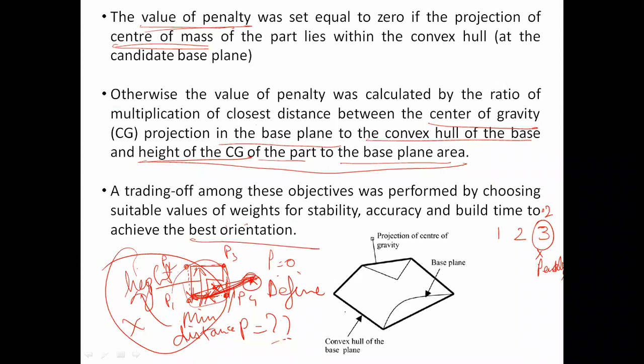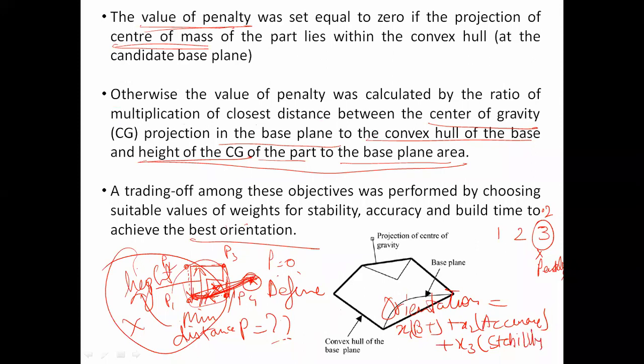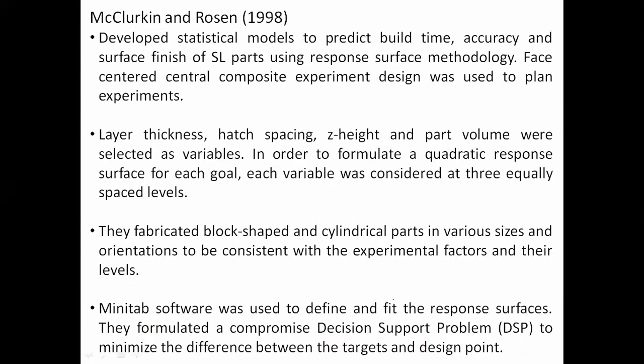So the function became: orientation is equal to x1, the weight of build time, plus x2, the weight of accuracy, plus x3, the stability function, where x1 plus x2 plus x3 is equal to 1. So this is the function that you got, and based on this function you had to find out the orientations.